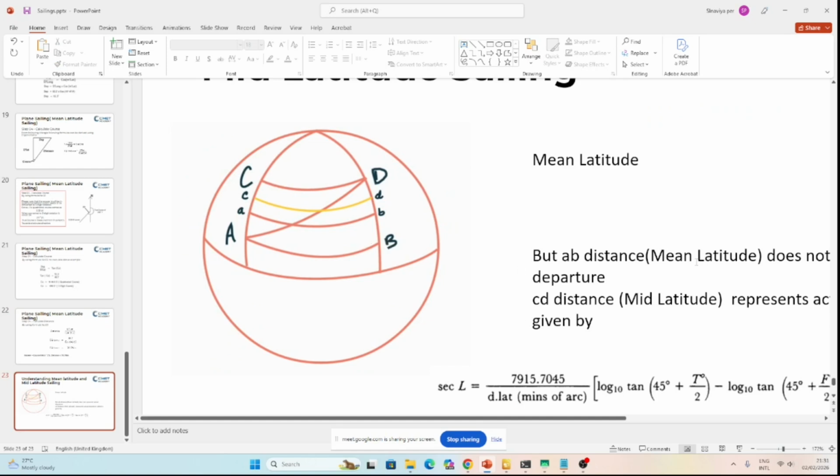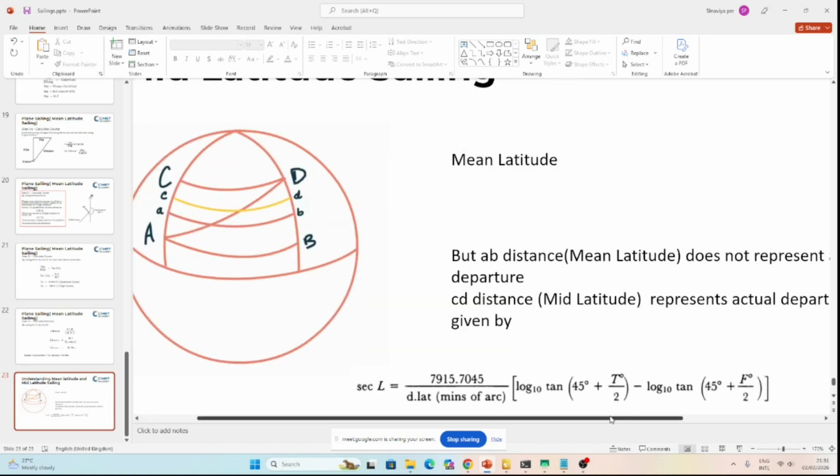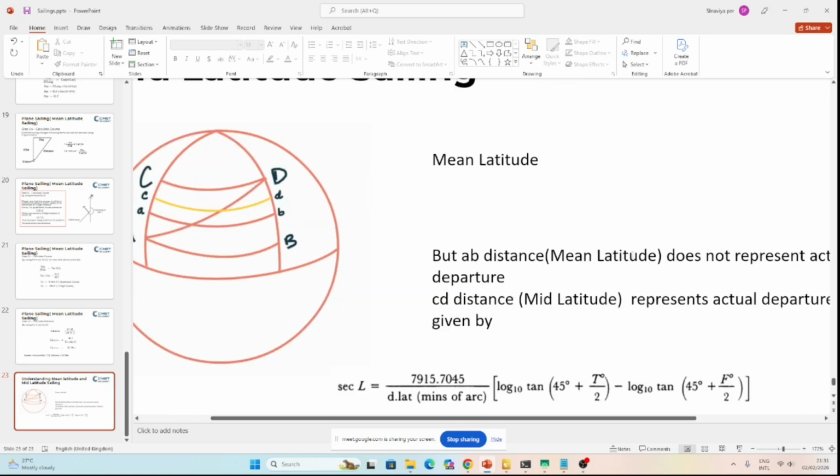Now here you can see that the yellow color is the mid latitude. That means CD is the mid latitude, AB is the mean latitude. But if you want to find out the mid latitude, this is the formula. So can you see, as a navigator, it's not prudent to use this type of formulas.